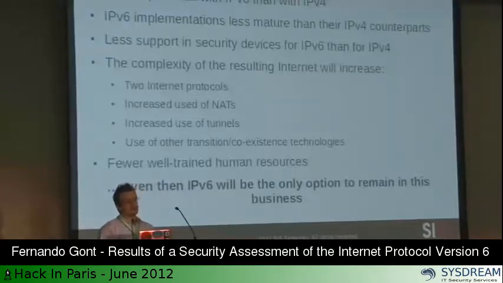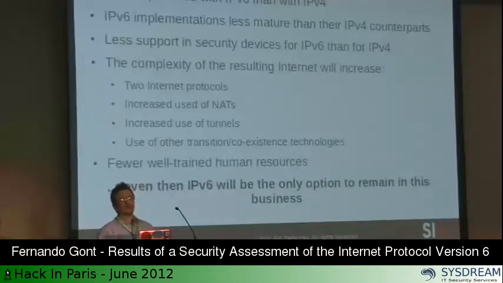Another important aspect, particularly for the people that are working in the operations area, is the support that you can find in security devices. Let's say that you take a look at a firewall or any other security device. It's very likely that the device has this and that security feature. And if you look at the number of features that the same device has for IPv6, in many cases you will find that there is no IPv6 support at all.